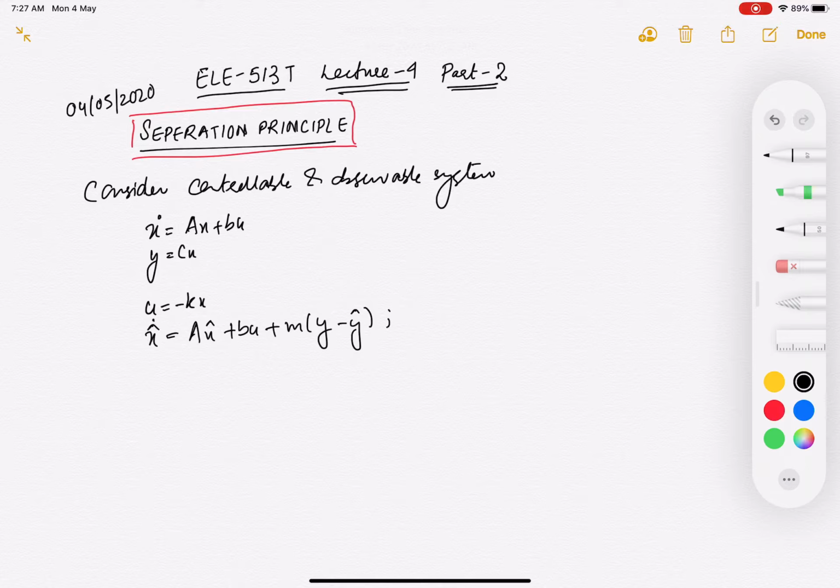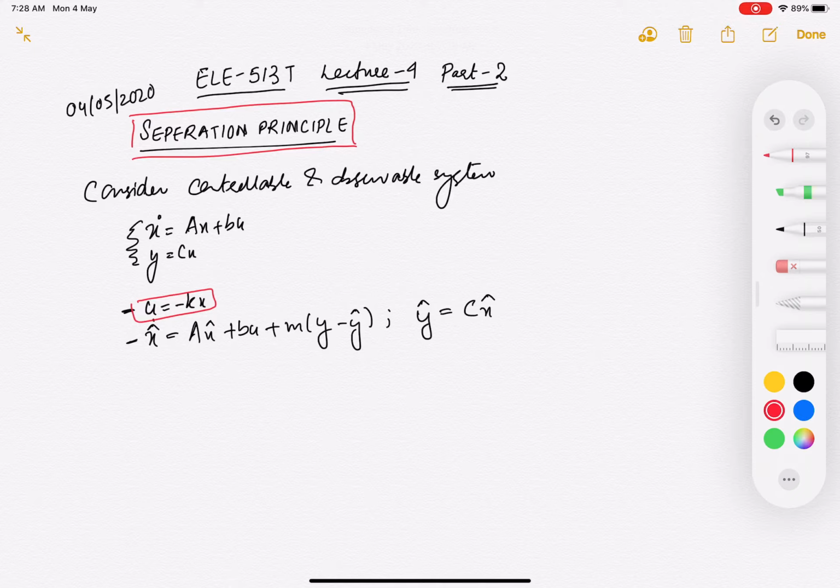And this observer has an output given by C x hat. So for this controllable and observable system, you have designed a controller and an observer. Now the question is, you are providing a state feedback law based on the observer state x hat, not on the basis of the original full state, that is x.